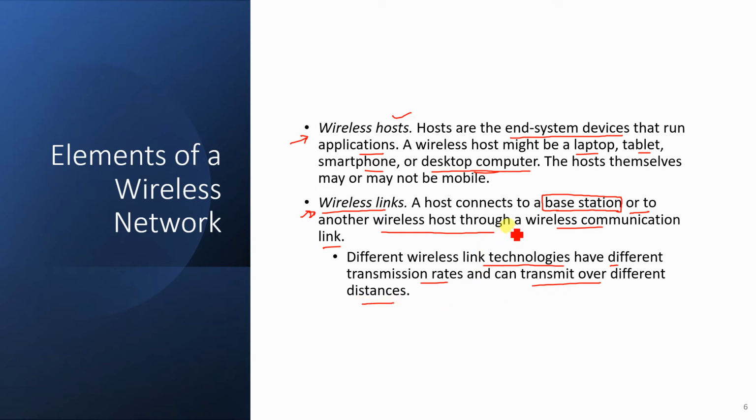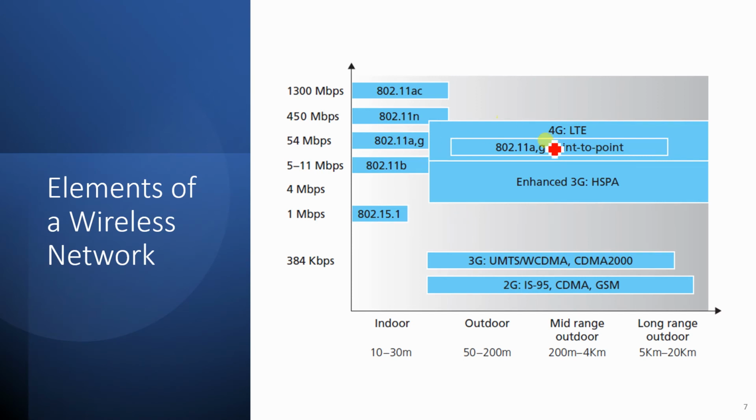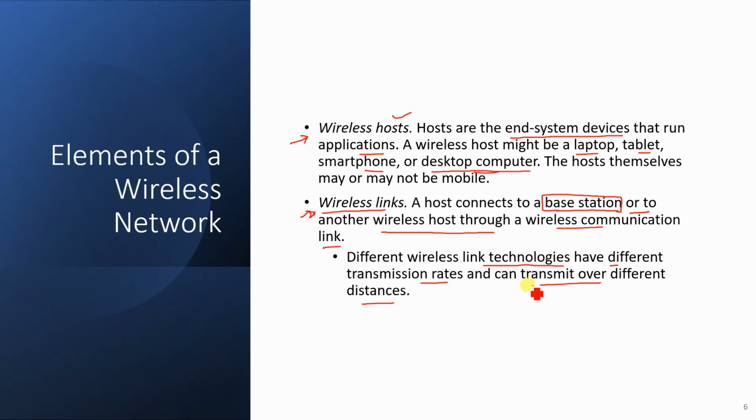Different wireless link technologies have different transmission rates and can transmit over different distances. Several technologies have already been used by several people, and these wireless link technologies are shown in this figure. Every wireless link has a different transmission rate, meaning the speed at which you can transmit the data, and it also has a coverage area, which we have already discussed. That means you can transmit over different distances.